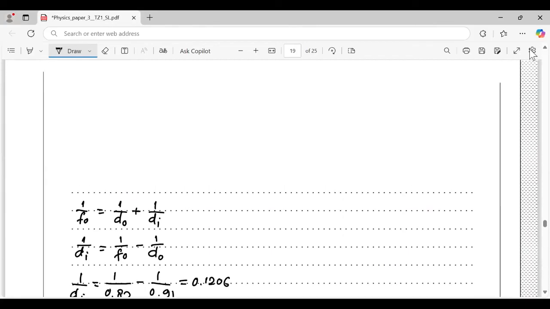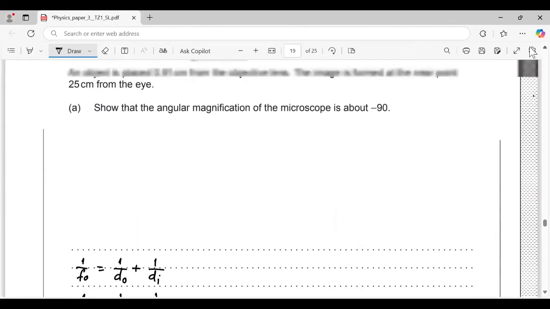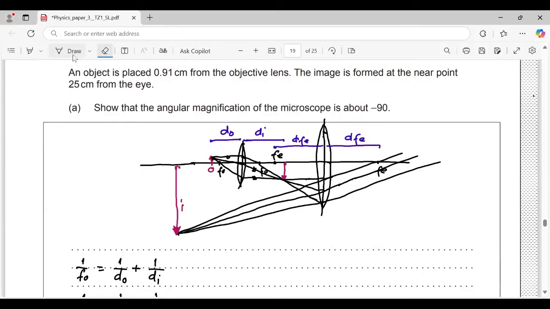Now I would like to show the sketch I have prepared. This one. Look, this is the position of the object.